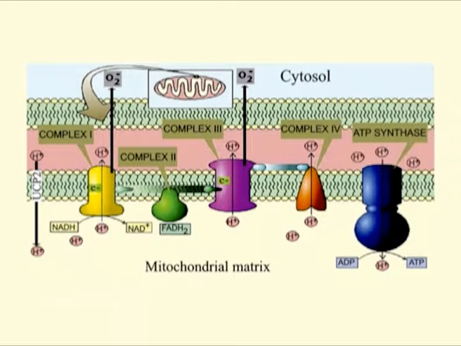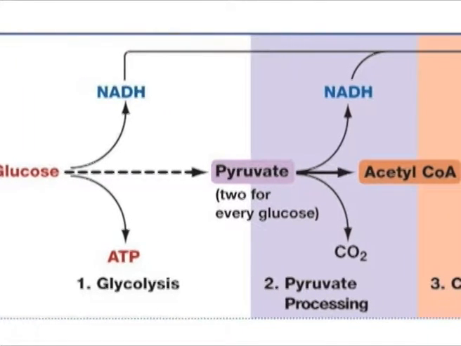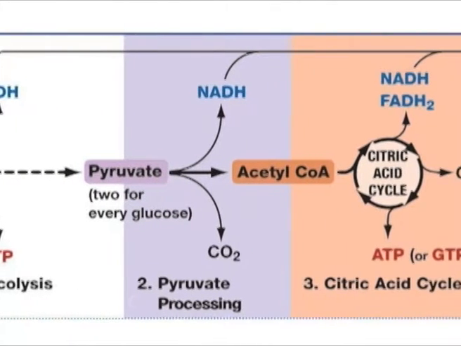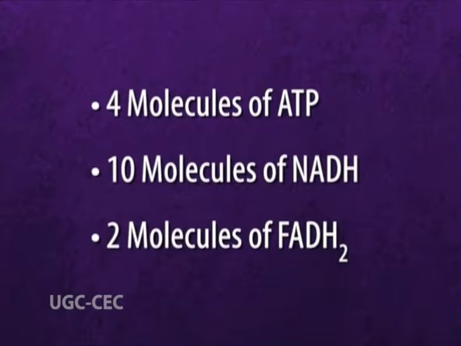Electron transport chain is a sequence of complexes found in the mitochondrial membrane that uses reducing equivalents to generate more ATP. The breakdown of glucose by glycolysis, oxidation of pyruvate to acetyl coenzyme A, and the citric acid cycle yields a total of 4 molecules of ATP, 10 molecules of NADH, and 2 molecules of FADH2.